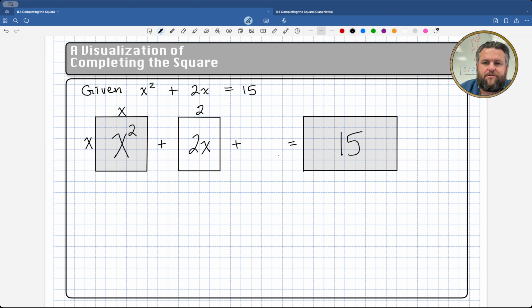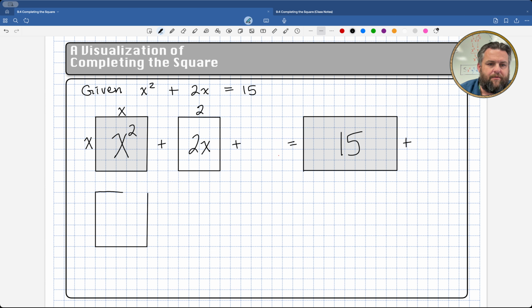Now we're trying to figure out what we are adding to both sides of the equation. We're going to take this square again and add it down here at the bottom, another 5 by 5. We're basically duplicating what we've done at the top.